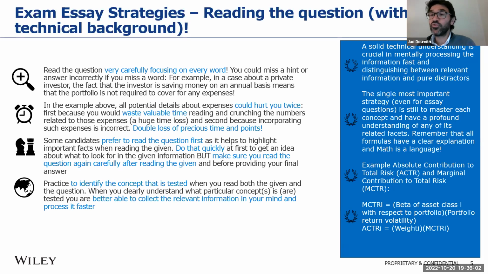But please, if you follow this strategy and read the question first and then the text, of course you have to reread the question again to make sure that you did not miss anything, to make sure that you read every word carefully, and not only in the given, but also in the question, because you might miss what the question is actually asking of you.